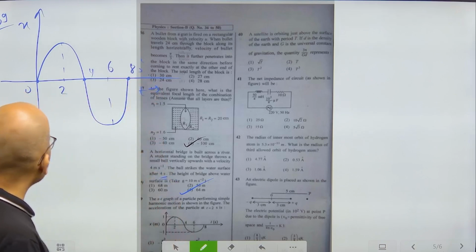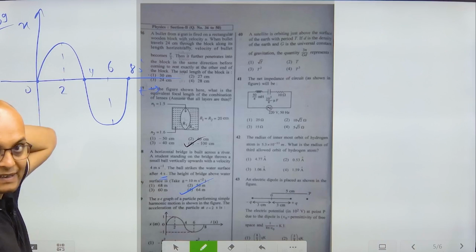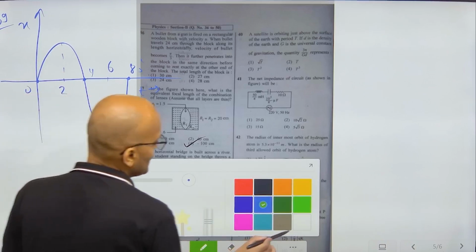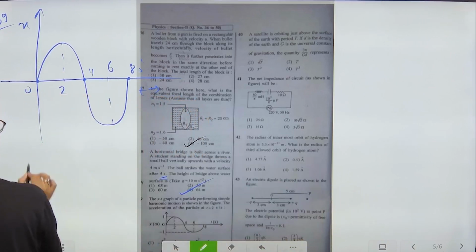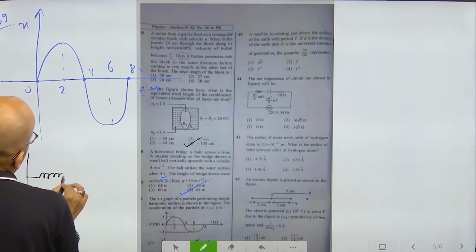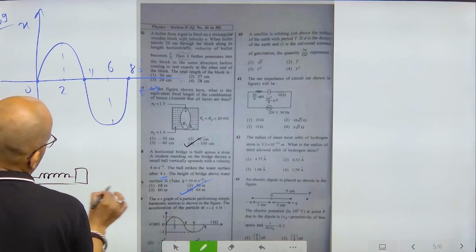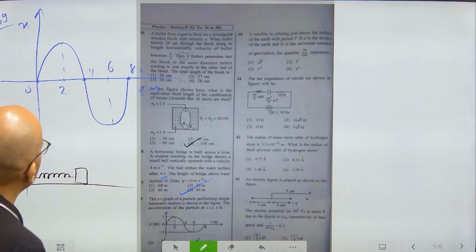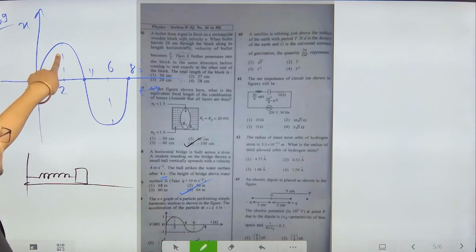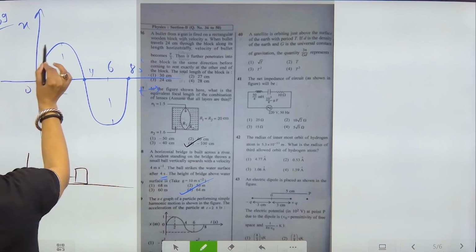So the acceleration of the particle at t equals 2 seconds. How to do such questions? SHM, this is my favorite spring block system. Let us draw a spring block. This is the mean position. Now you see at x equals 2, body is present.